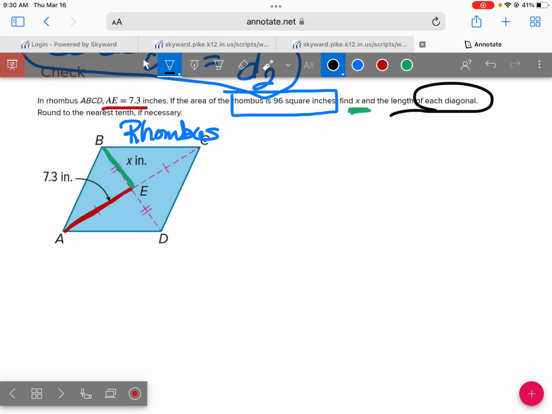It is a rhombus, but what shape does this resemble? Doesn't that look like a diamond again? So rhombuses and kites resemble diamonds. So they have the formula of area: area equals 1/2 the length of diagonal 1 times the length of diagonal 2.